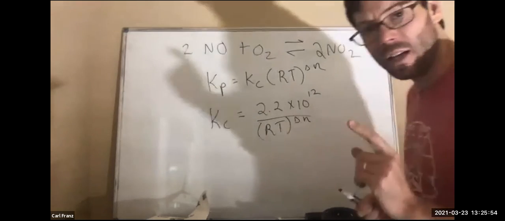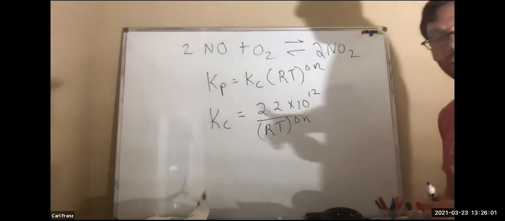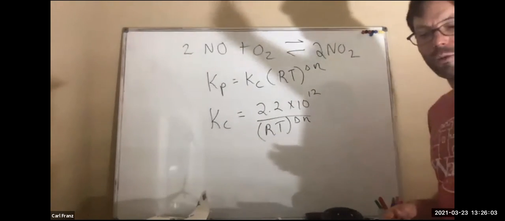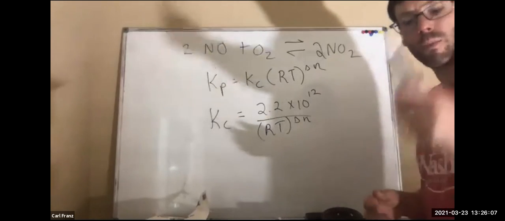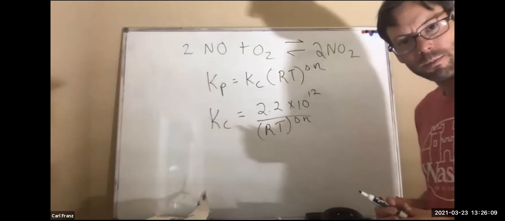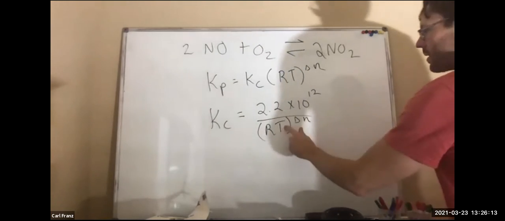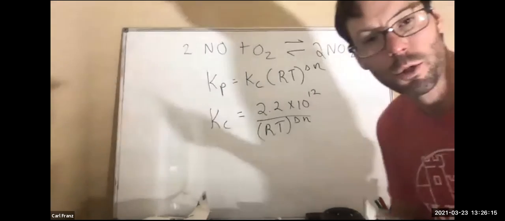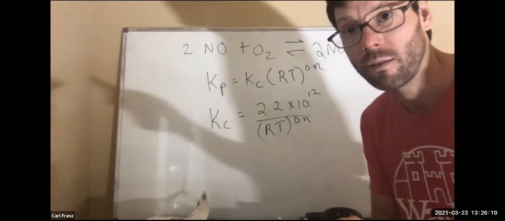We got to know which gas law constant. Because this is pressure, we want to use the 0.08206 liters times atmosphere per mole times K. And then temperature, it said it was 25 degrees Celsius, but we got to put that in Kelvin, right?